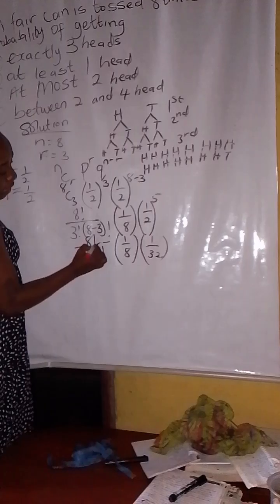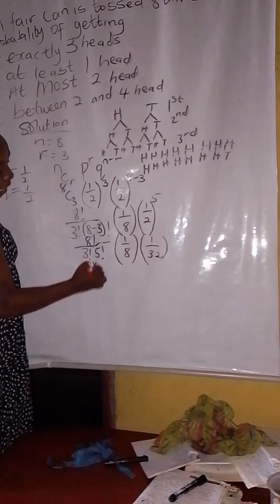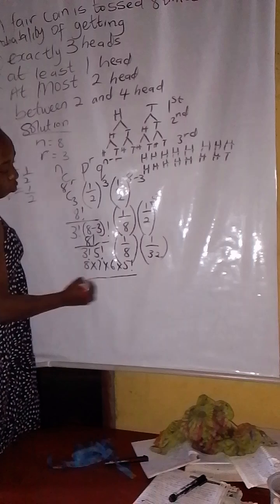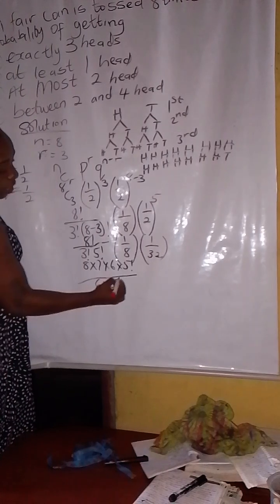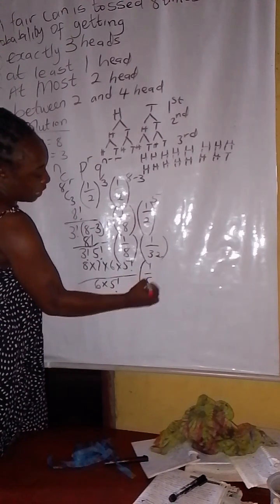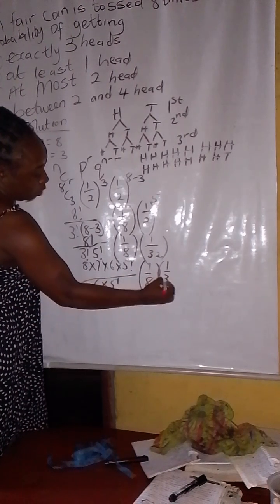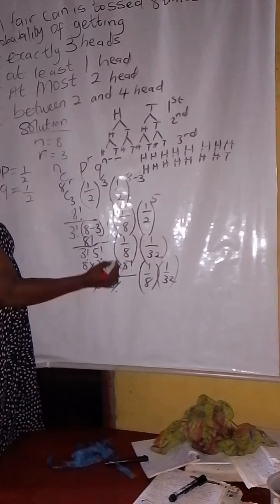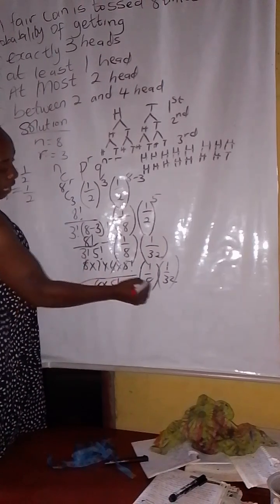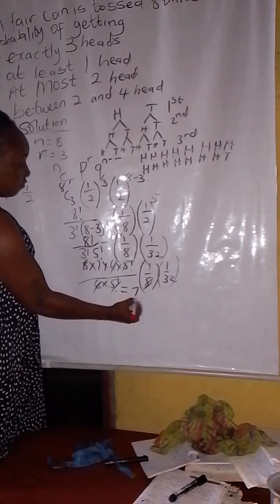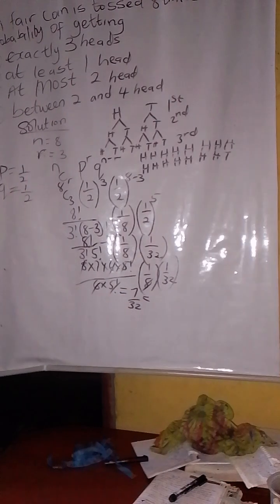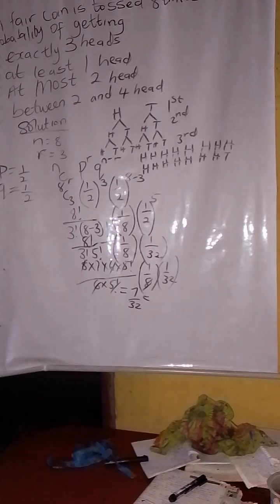We can expand this: 8 times 7 times 6 times 5 factorial over 6 times 5 factorial. The 5 factorial cancels, 6 cancels, 8 cancels. So your final answer is 7 over 32. So that's the first one.